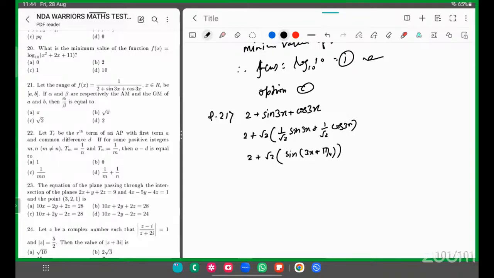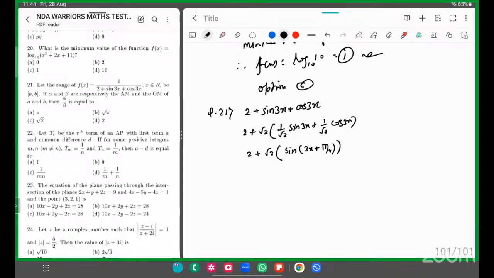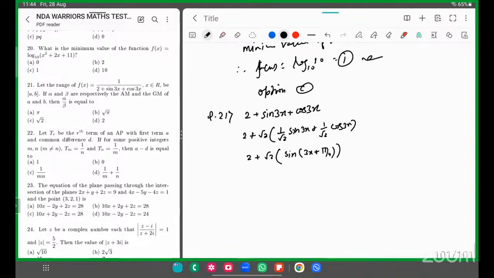What is the maximum and minimum value for this? That is equal to 2 minus root 2 and 2 plus root 2. Correct or not? 2 minus root 2 and 2 plus root 2 are the minimum and maximum values for this function.